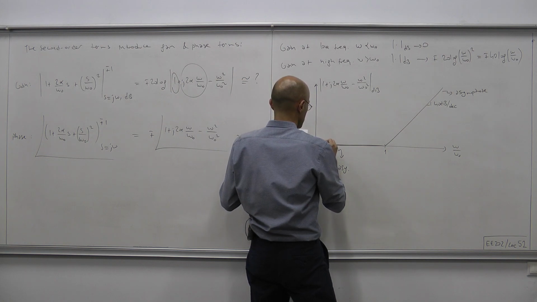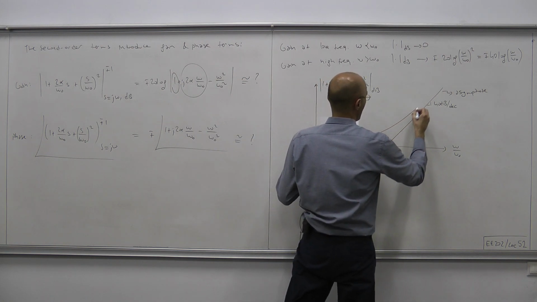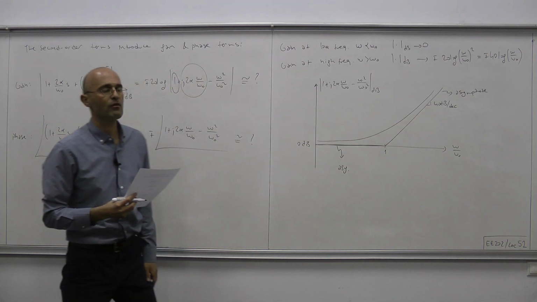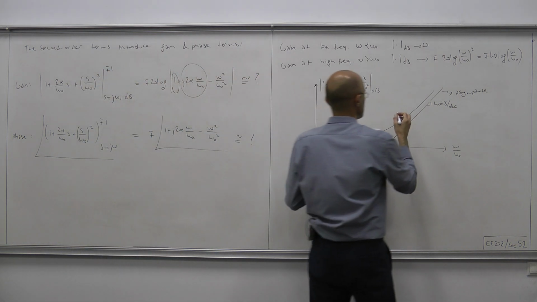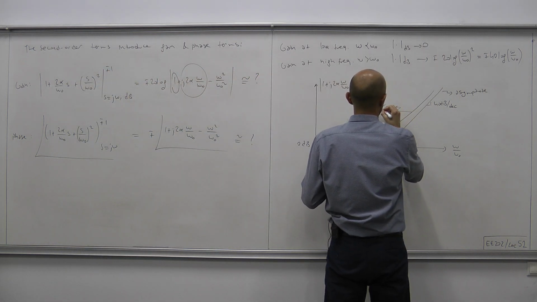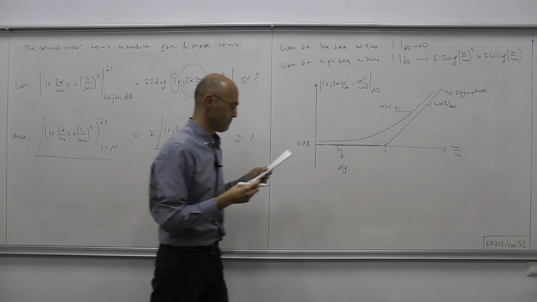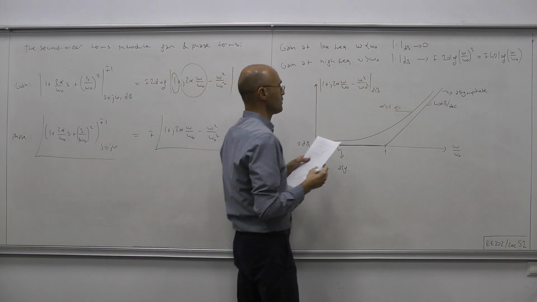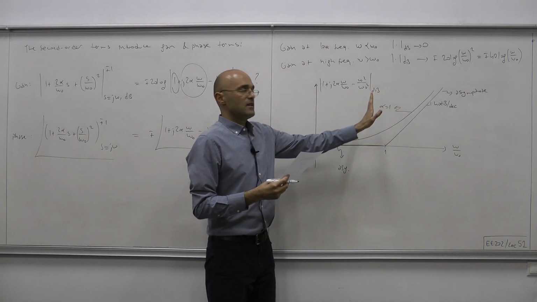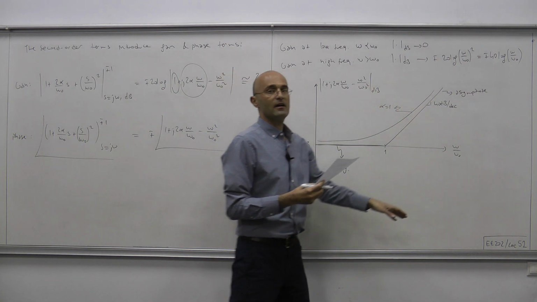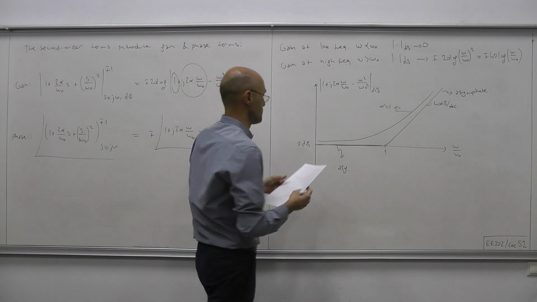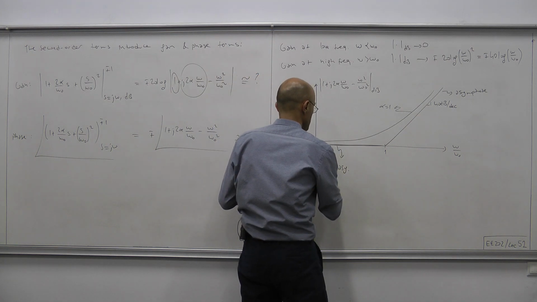This is more or less how the actual curve looks. So this is alpha equals 1, let's say. And then for smaller alpha, after a while, the curve starts lying below the asymptotes, and we have things like this.